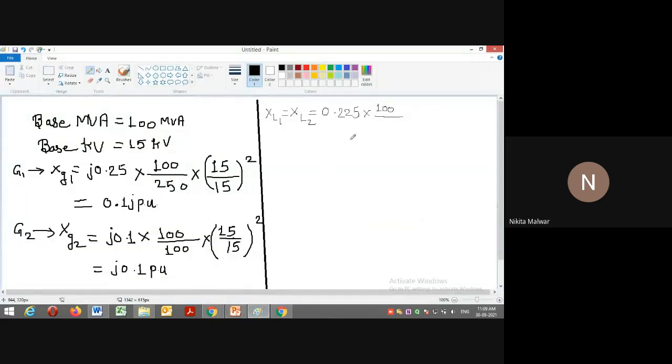That's why we have to write down the kV base. What will be the kV base? The kV base will be 15 square. Okay.